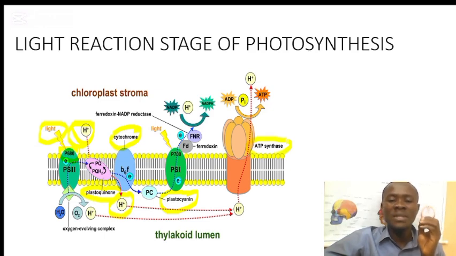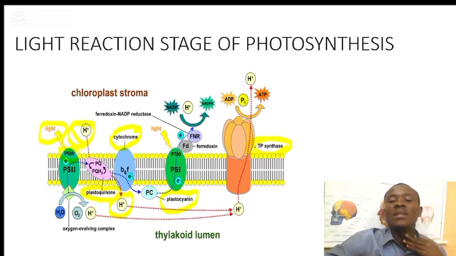And we have an enzyme at the far end here, which we call ATP synthase. As the hydrogen ions, which have become highly concentrated in the thylakoid, move back into the stroma of the chloroplast, the ATP synthase will cause phosphorylation of ADP to form what we call ATP, adenosine triphosphate.